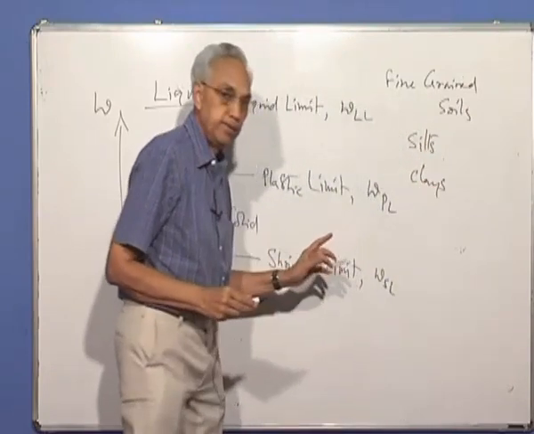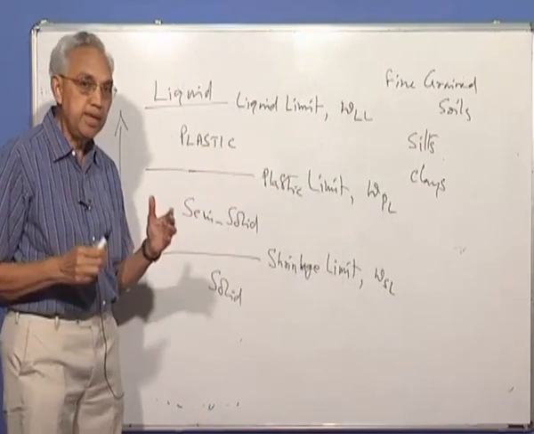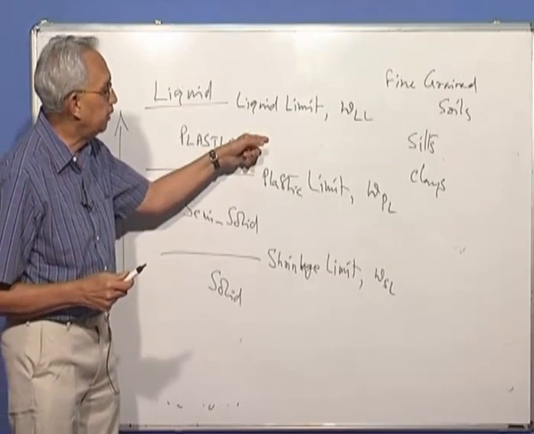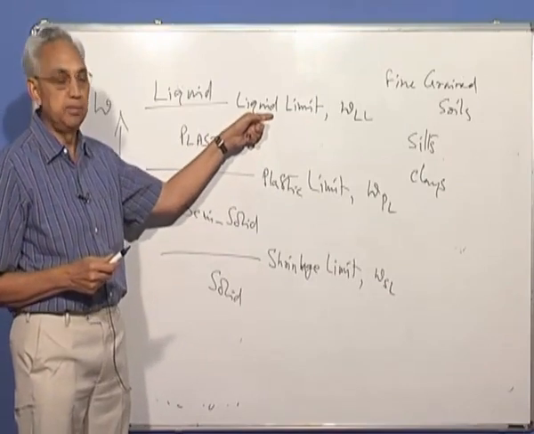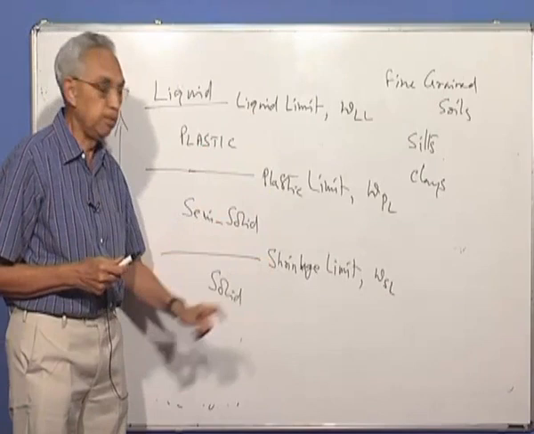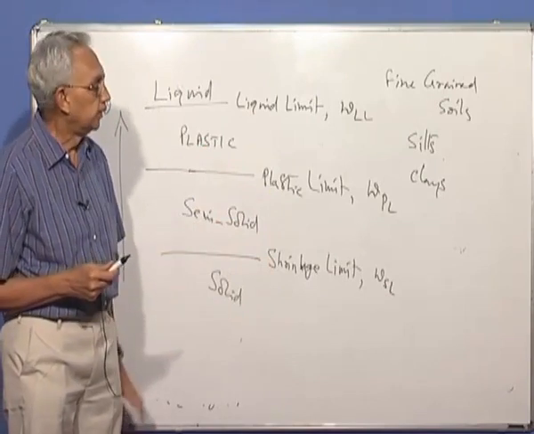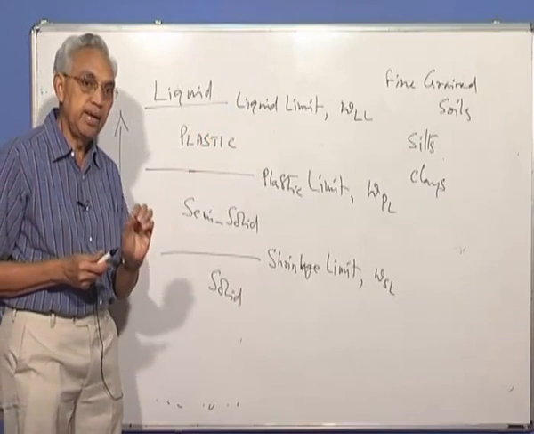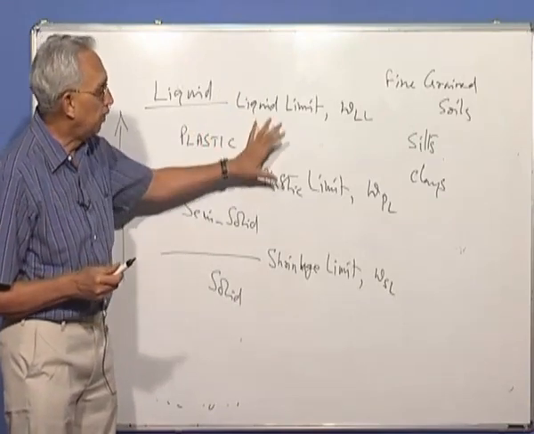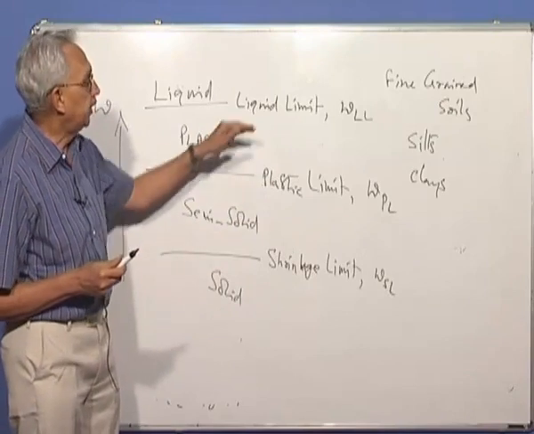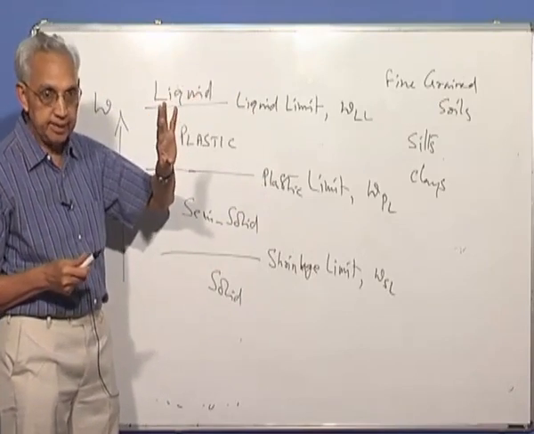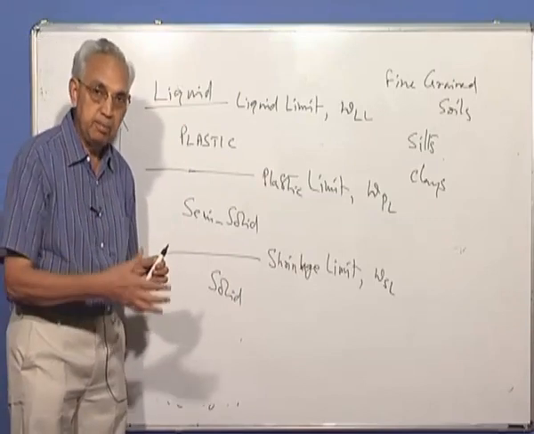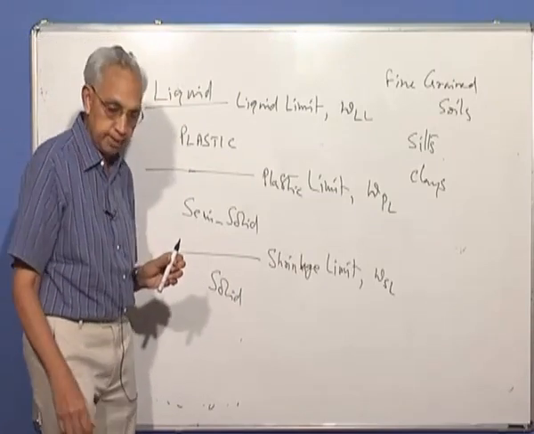So we need to find out what the limits are so that in practice, suppose you determine the water content, you can say it is in between plastic limit and liquid limit, or below plastic limit, above shrinkage limit, etc. So the whole idea is to describe the state of the soil as a civil engineer. It will fall in one of these. If it is higher than this, we are not interested, because the soil becomes a fluid, and then it becomes a sediment and may start flowing, etc.